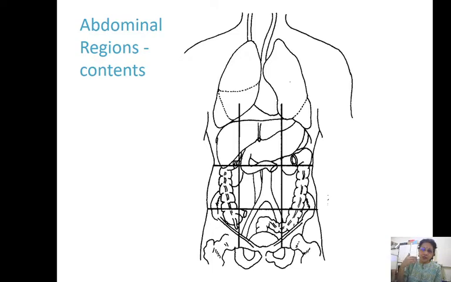These structures are so far behind that you cannot see them or feel them, as they are overlapped by all the digestive viscera in life. But sometimes you may have a huge aortic aneurysm, or you may have a huge lymphoma of the lymph nodes surrounding the aorta, which may present as a big abdominal mass.